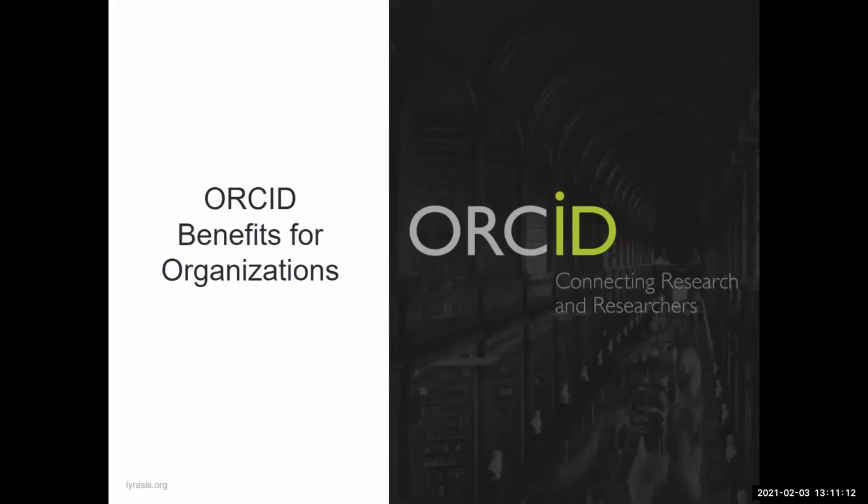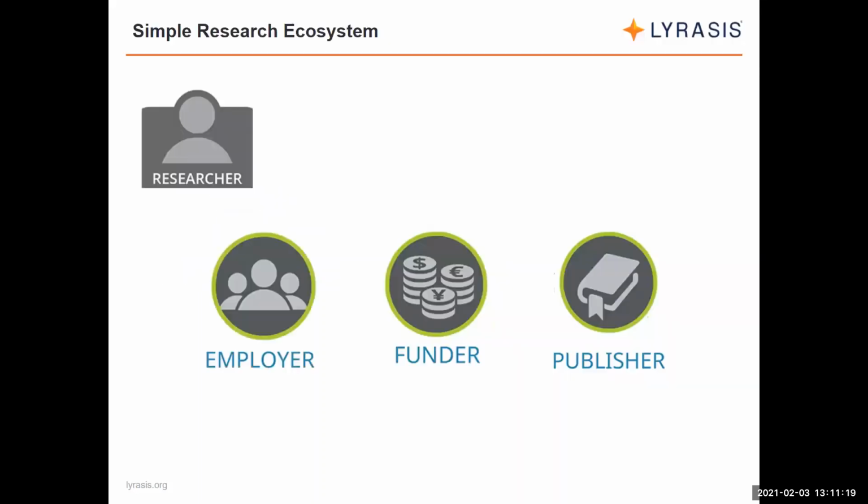So thinking more about ORCID for organizations and some of the benefits here. Now, when you think about the wider landscape of activities that a researcher is involved in, they're employed at, say, a university or a research institute or agency. They get funding to work on specific research.